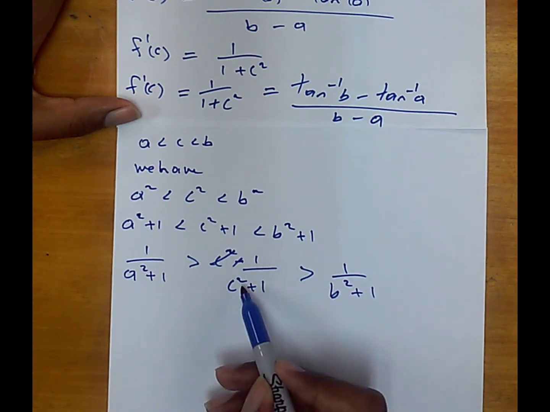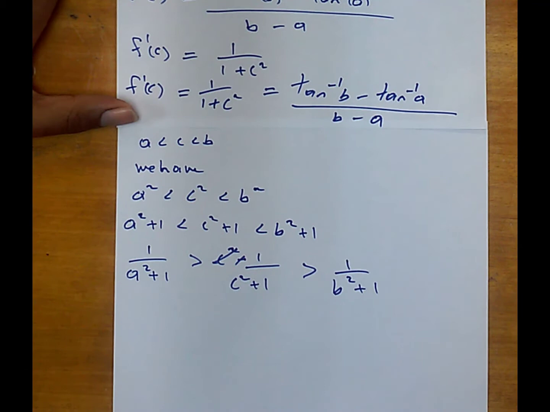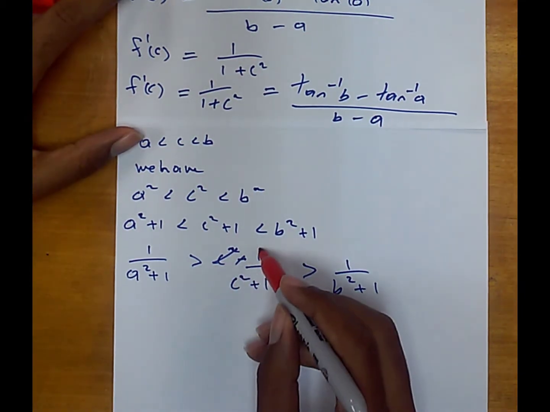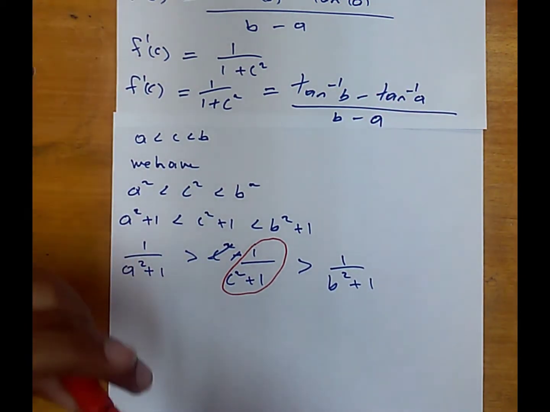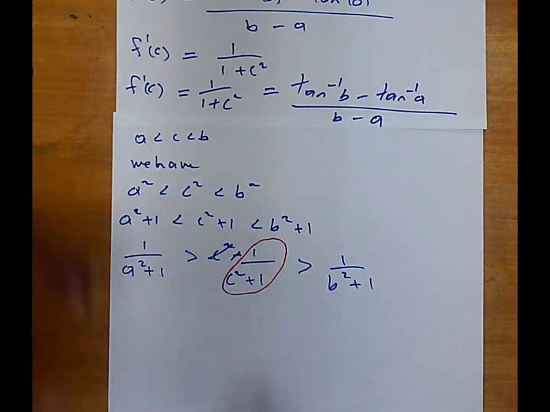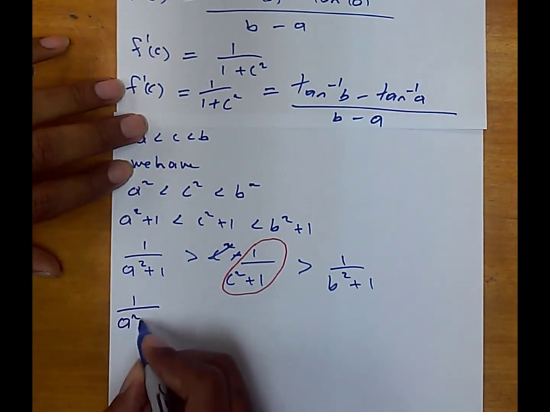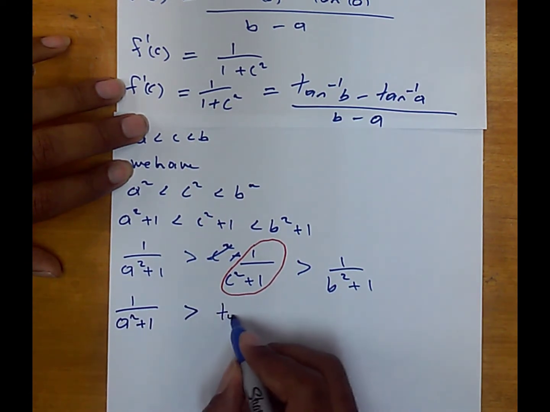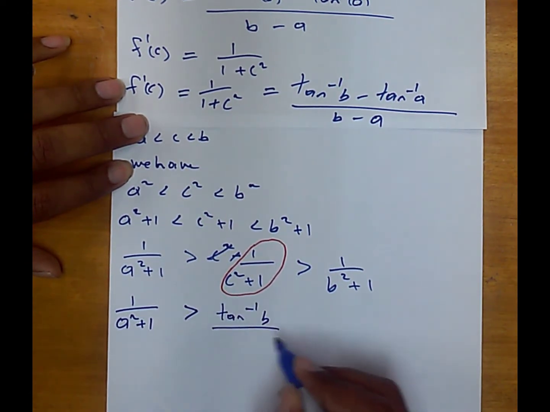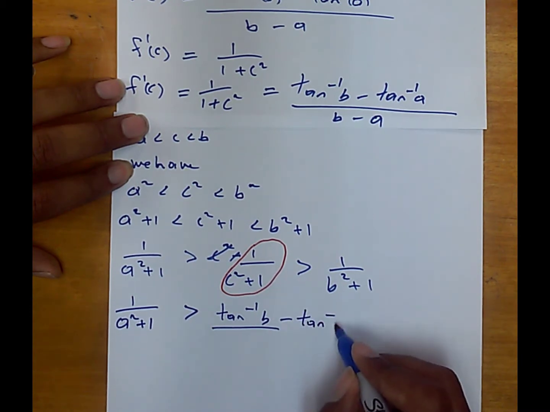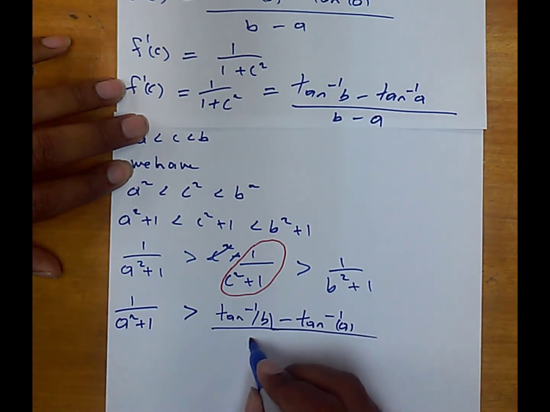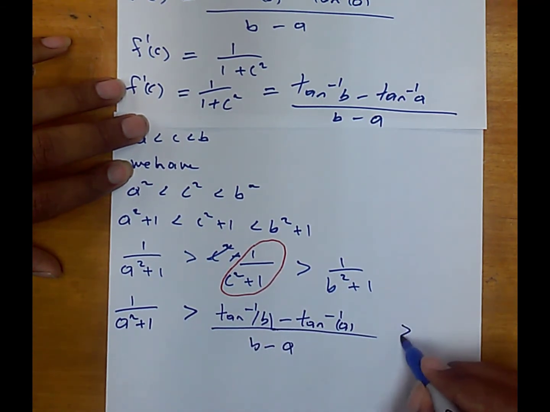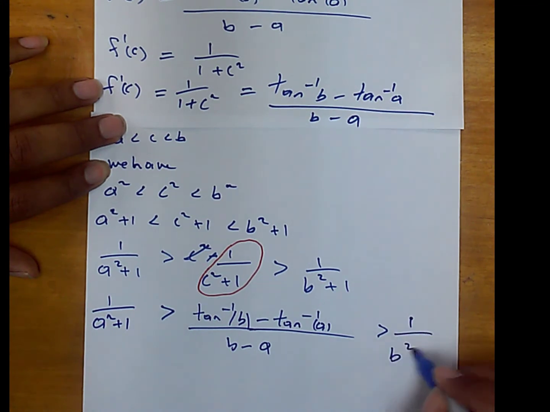Where we have our 1 over c squared plus 1 is just our tan inverse b minus tan inverse a over b minus a. So we can go ahead and write this as 1 over a squared plus 1 is greater than tan inverse b minus tan inverse a over b minus a is greater than 1 over b squared plus 1.